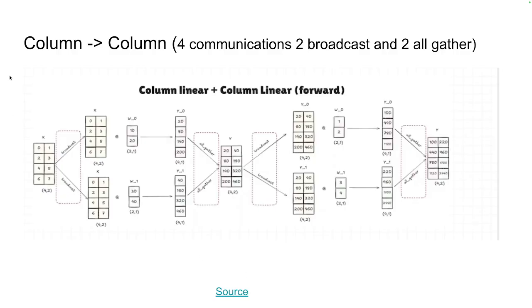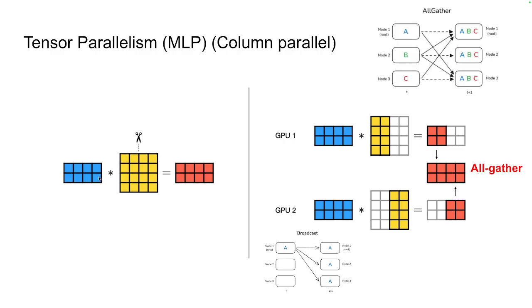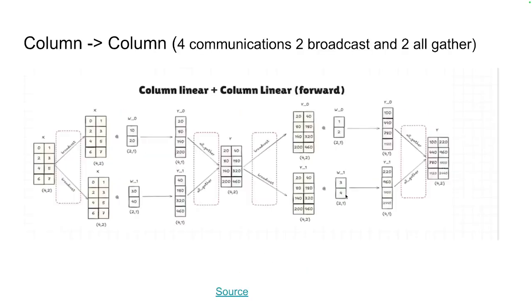So here let's take the input matrix, and for column parallel you need to broadcast it first. In column parallel, first you need to broadcast the input matrix to these two, and this is our weight matrix on the first GPU and this is the weight matrix on the second GPU.